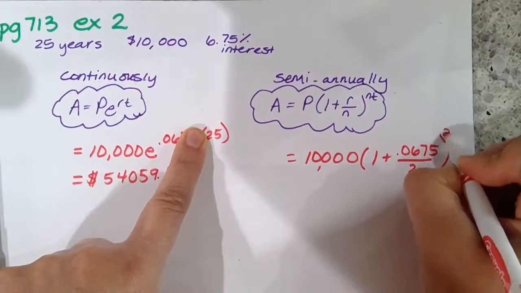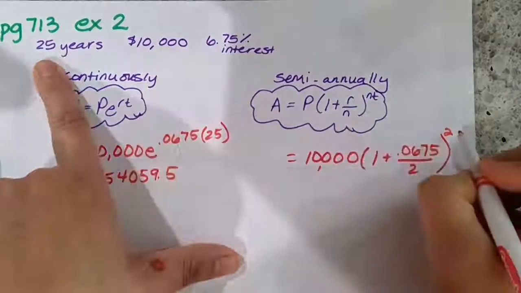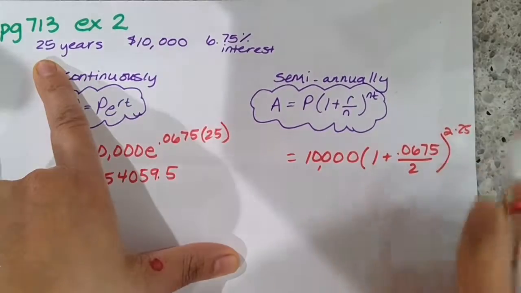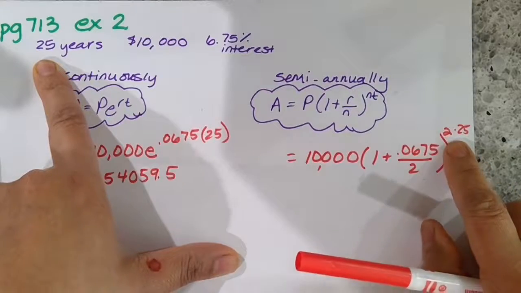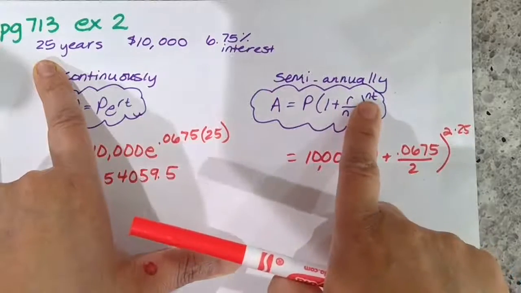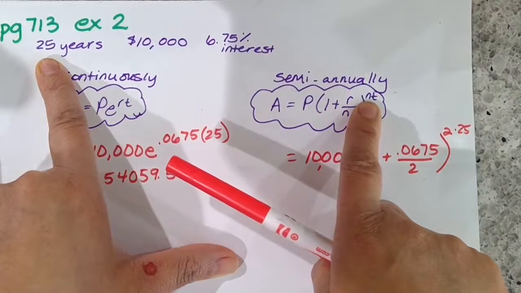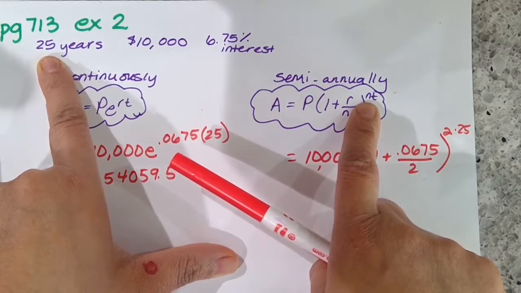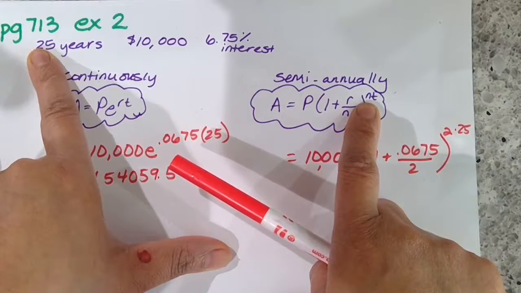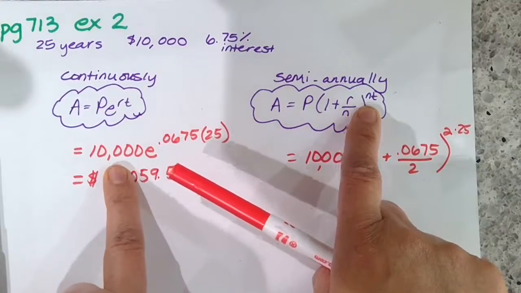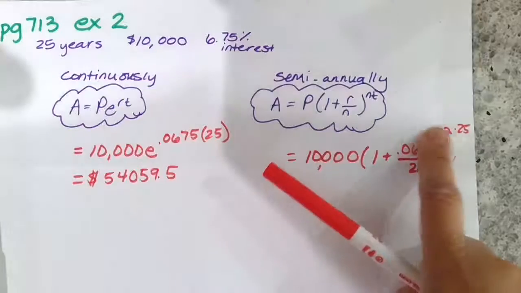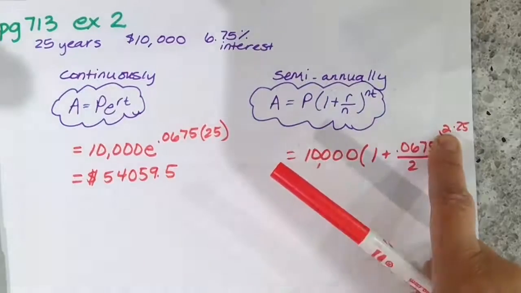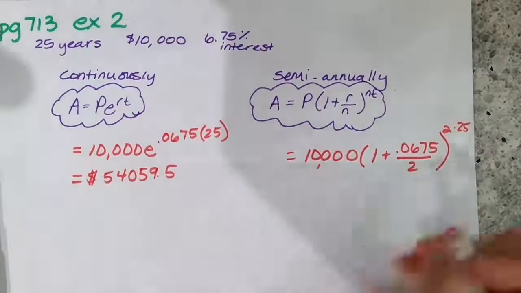Number of years was 25, so some of you already know that that's 50. What the formula does is they actually try to make you think less and say, oh, number of times times 25. So that's going to be, you know, just 50 times. But if you already know that number, you could just put how many times it gets compounded, or just use the formula. Okay, that's it.